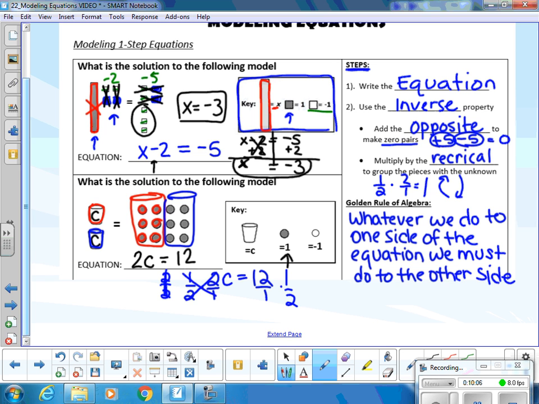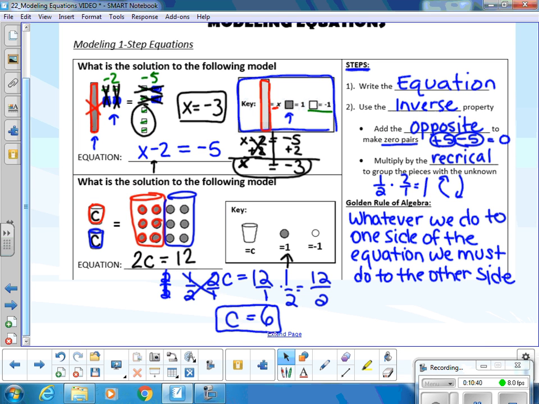So these cancel out because I'm just left with 1c, which is what I want to know, how much is in 1 cup. On this side, I have 12 times 1 is 12, 1 times 2 is 2. So my ultimate thing that I'm doing is dividing by 2. When I multiply by 1/2, I'm dividing by 2. 12 divided by 2 is 6. So I know that 1 cup is going to hold 6 chips, which is what we got when we divided them into separate cups up here.